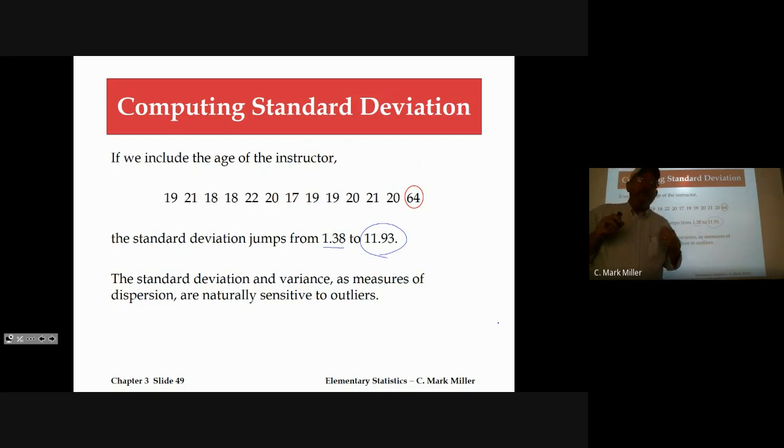So all measures of variation are sensitive to outliers. And we saw before, only some measures of center are sensitive to outliers. So in this case, if we throw his age, 64, back in, the standard deviation explodes from 1.38, about 1.4, to 12.